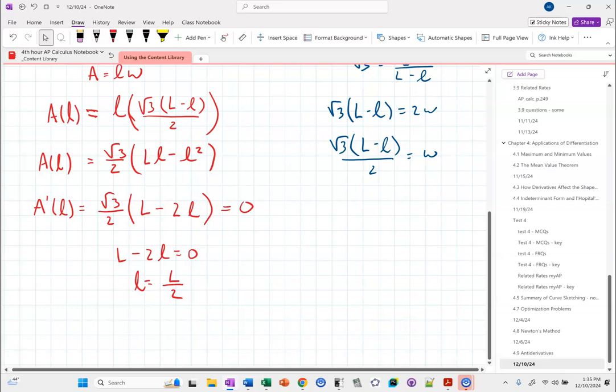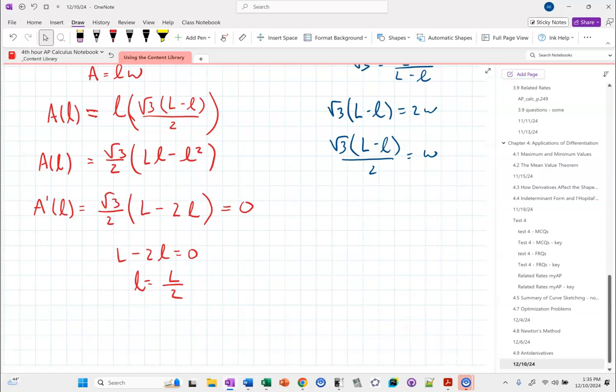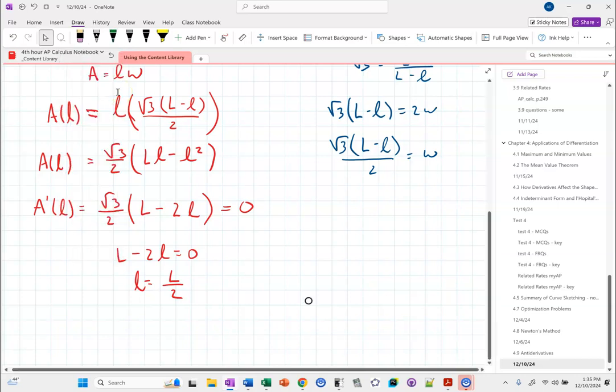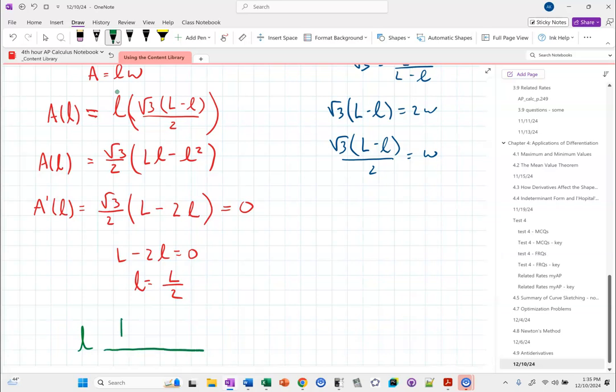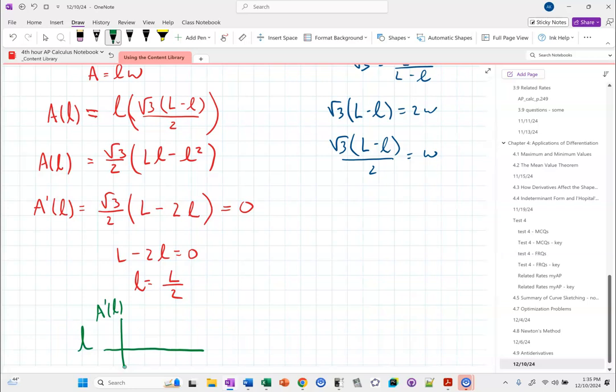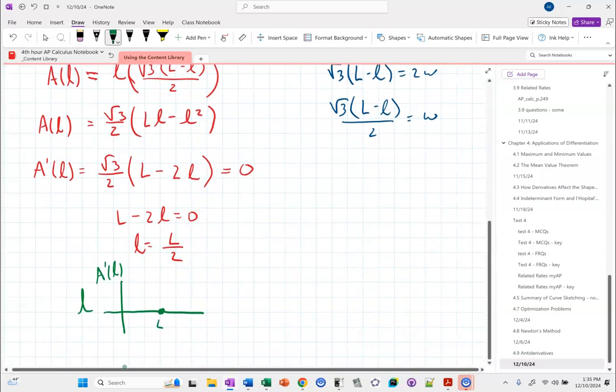And if I think about the graph of this, where the x-axis is lowercase l and the y-axis is the derivative A prime of L, and this spot is L over 2.